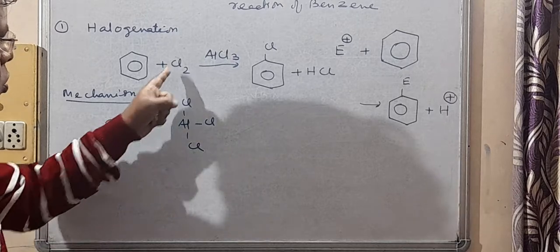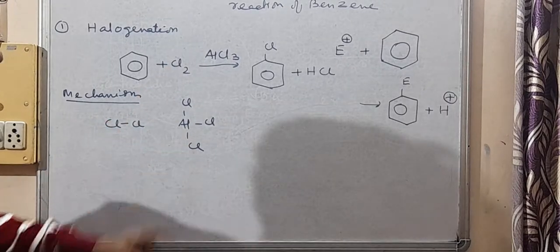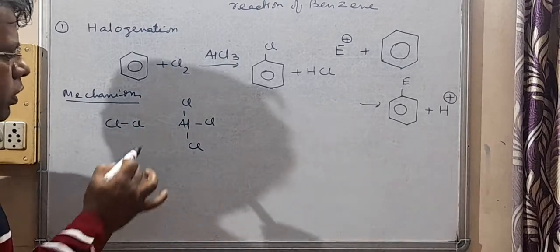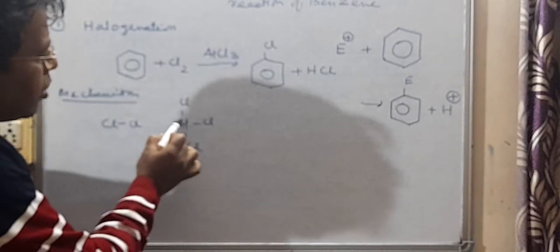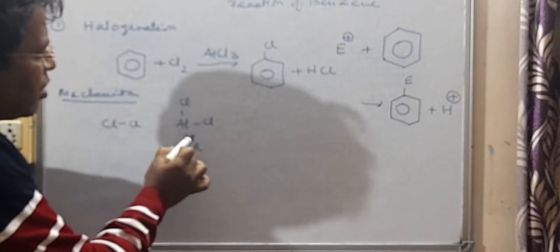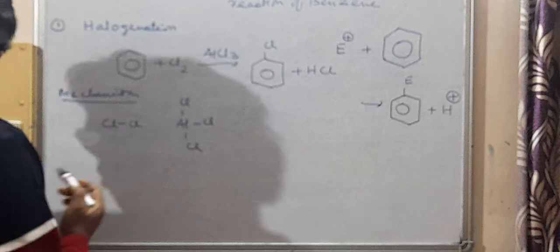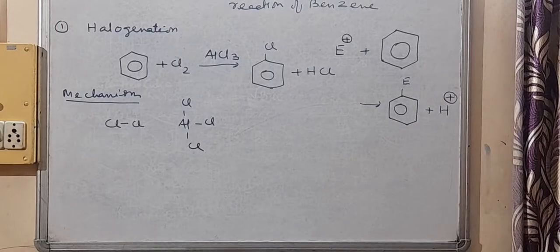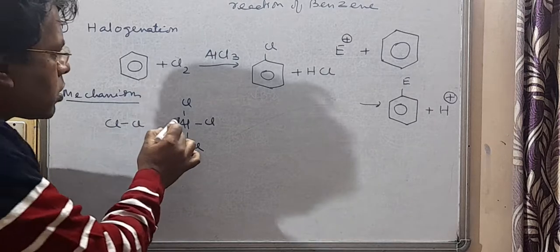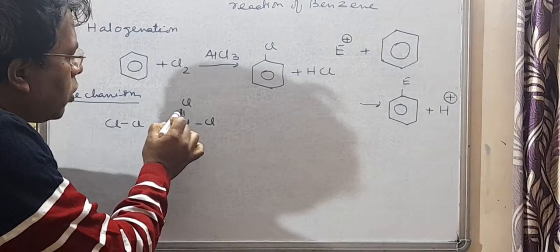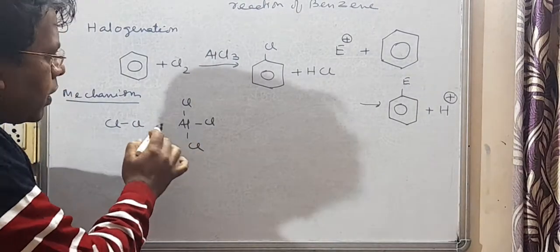So this is the chlorine molecule, this is AlCl3. Now one thing in AlCl3: you see aluminum has surrounding it six electrons. 1, 2, 3, 4, 5, 6.